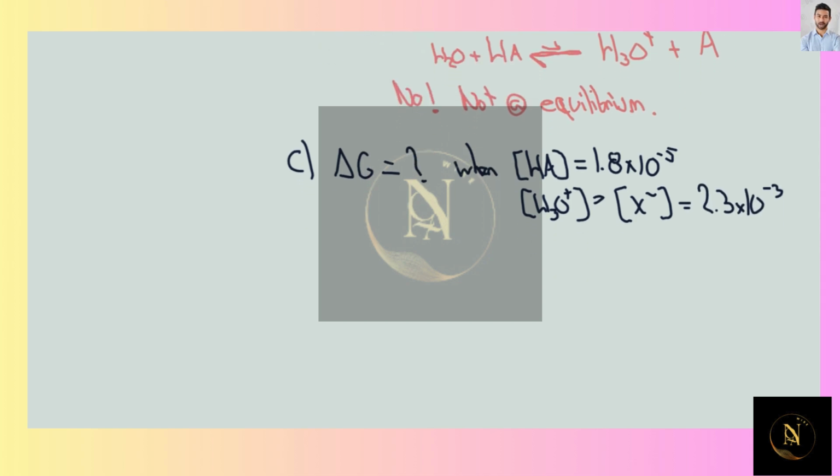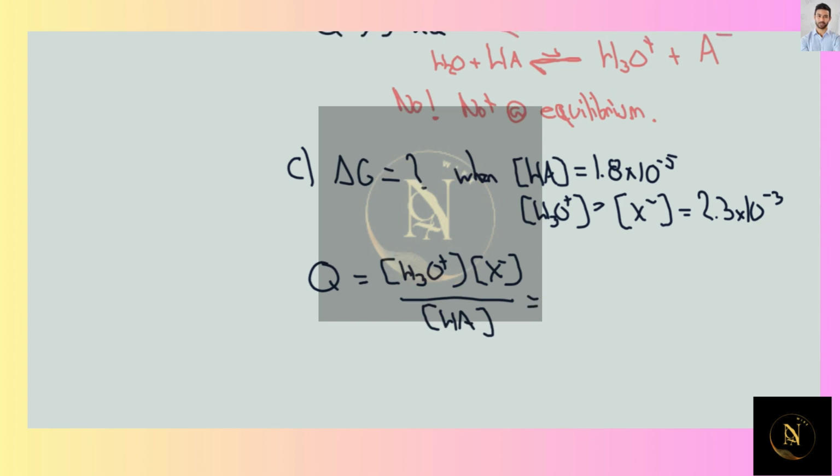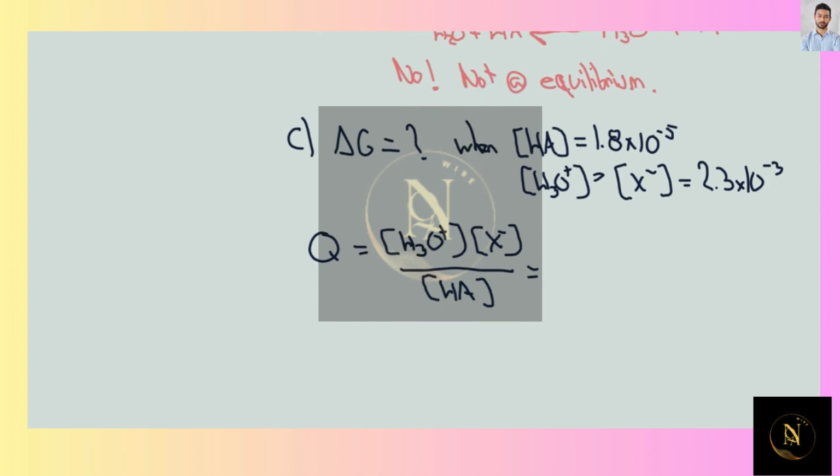Under these conditions, the value for Q would be equal to the concentration of H3O plus times the concentration of X minus divided by the concentration of HA. Remember that water doesn't enter into any equilibrium calculations since it is a solvent in a condensed phase and its activity is equal to 1.